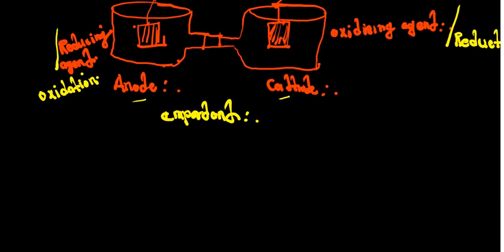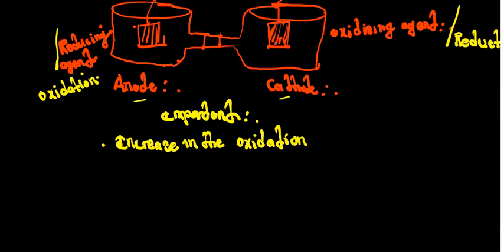The first one, we're talking about an increase in the oxidation number of an atom. So when you come across this sentence that is talking about the increase in the oxidation number of an atom, we're talking about oxidation.